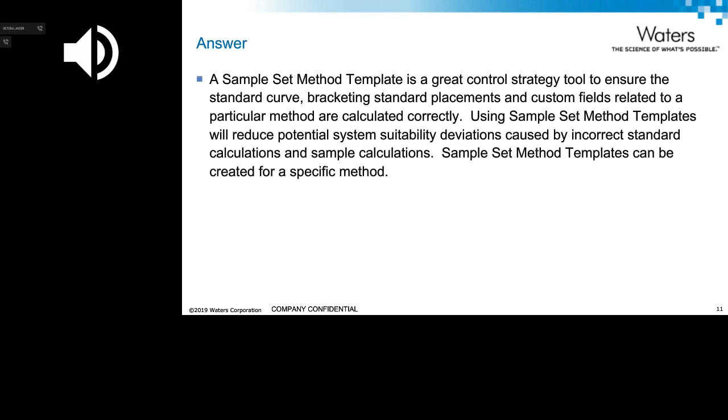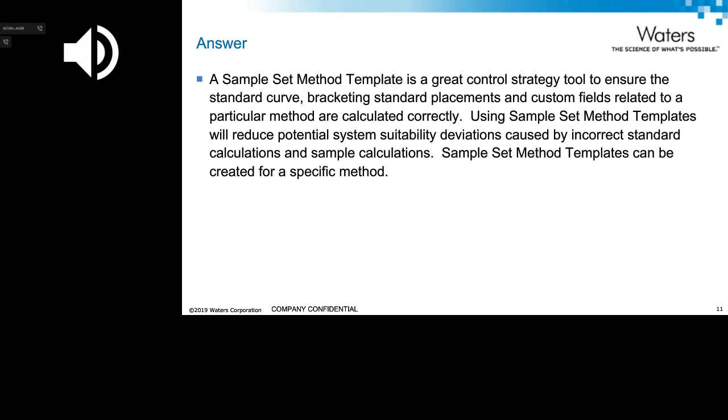So the sample set method template, as we talked about before, is a sample set method, can be used to prompt you for certain key variables on a routine basis. And it's a great control strategy to ensure that your standard curve that you generate from your standards, that the bracketing of the standards, where they're located in relationship to the samples, are consistent, and also to contain any custom fields.